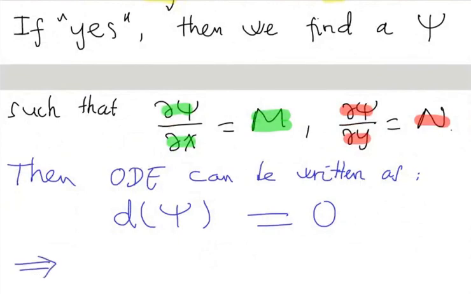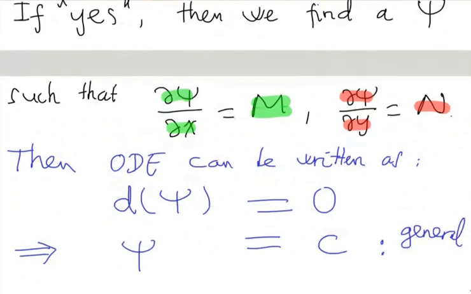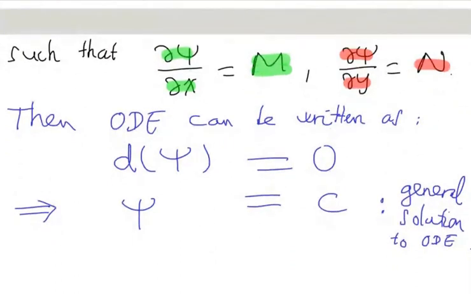And this implies that psi equals a constant c. And we obtain here our general solution to the ODE. And if we are given an initial condition, we can use those values of x and y to determine c.